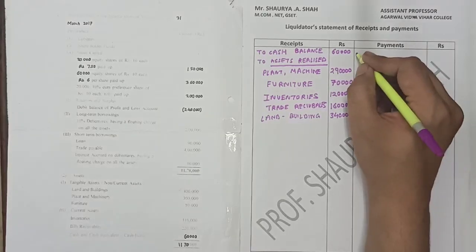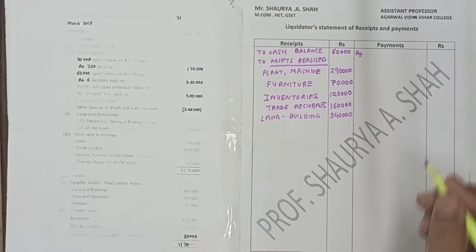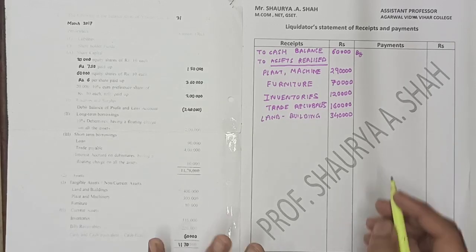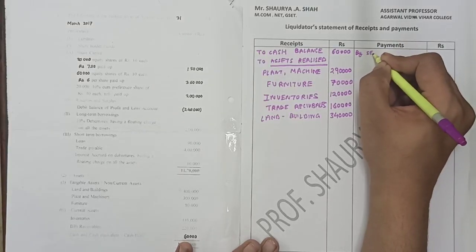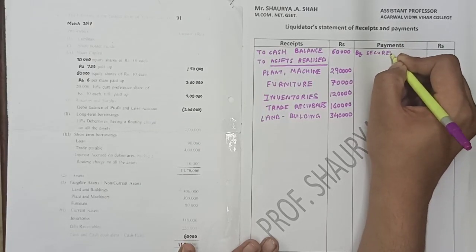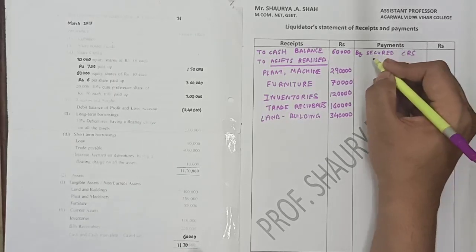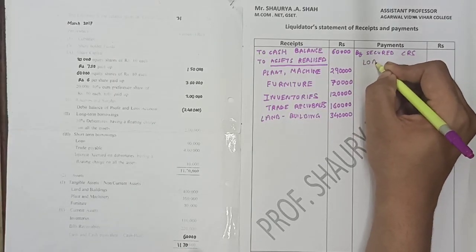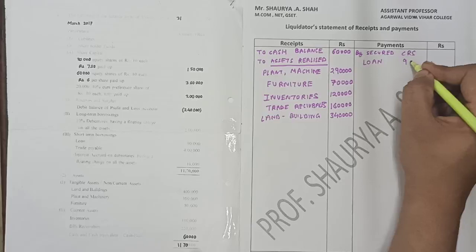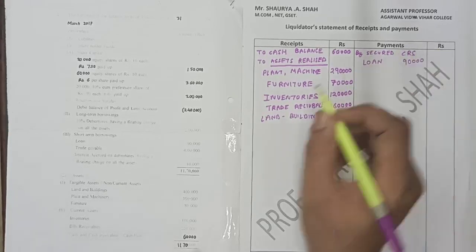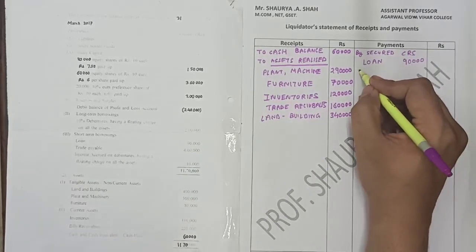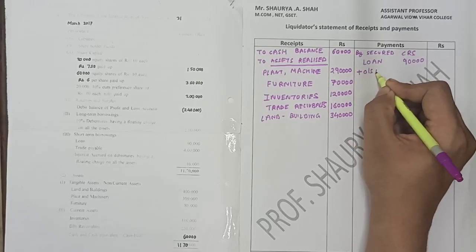We'll be starting with the payment side. The very first thing, as I told you, right? We had seen the entire chapter. What is the first thing you need to pay is your secured creditors, right? So by secured creditors, for you people, again I am writing that is loan. How much is loan? 90,000. 90,000 is given in the balance sheet, plus outstanding interest.